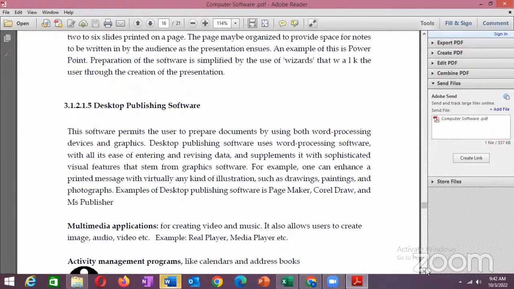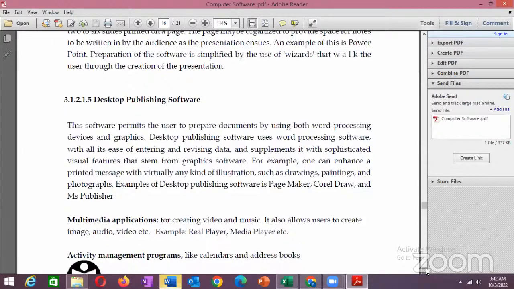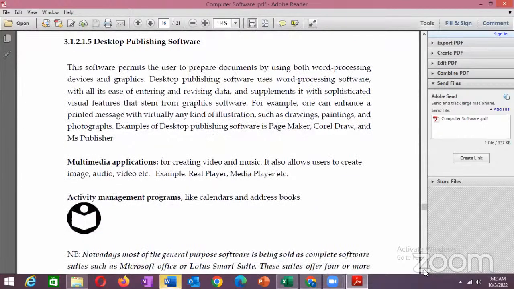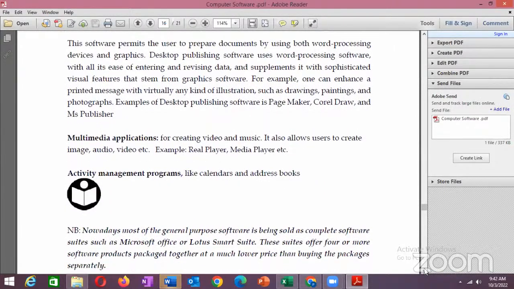For example, one can enhance a printed message with virtually any kind of illustration, such as drawings, paintings, and photographs. Examples of desktop publishing are PageMaker, CorelDRAW, and MS Publisher. So we have Microsoft Publisher that is also used to achieve that particular task.